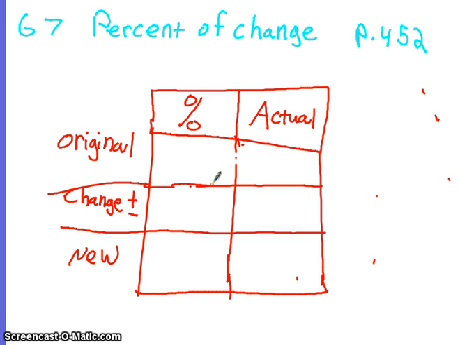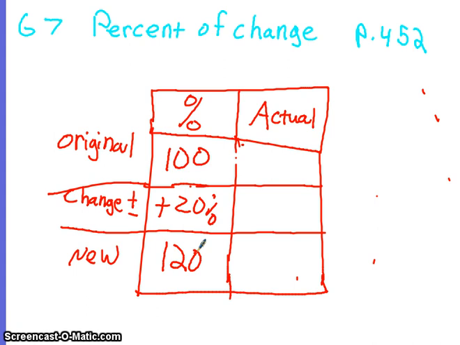But what if next year the median price of a house in your neighborhood went up 20%? So your original is 100 again. It went up 20%, so that's plus 20%, which means your new is 120. It's not 80, it's 120, so it went up.